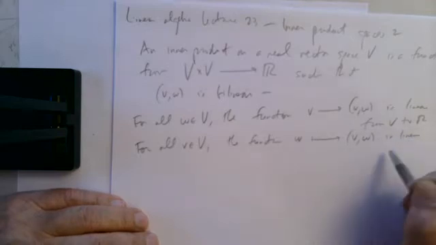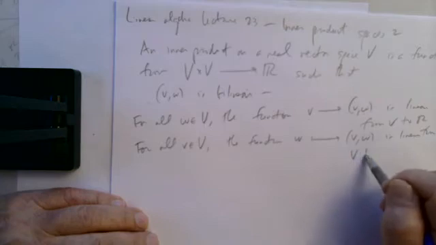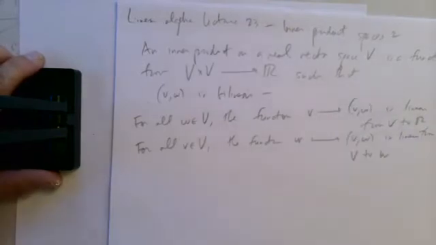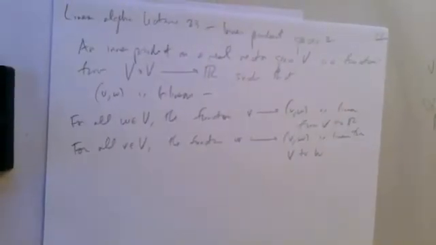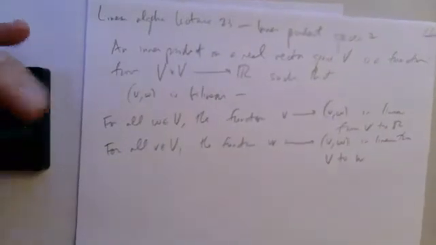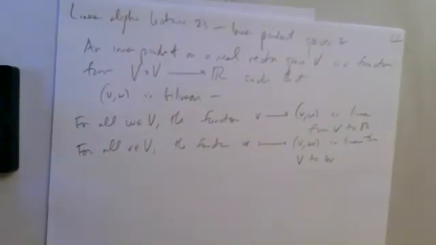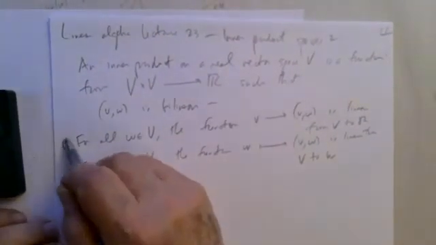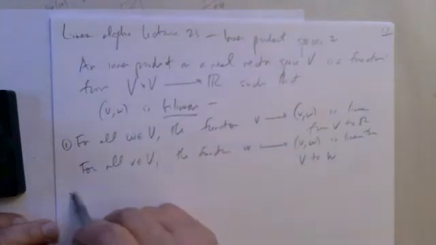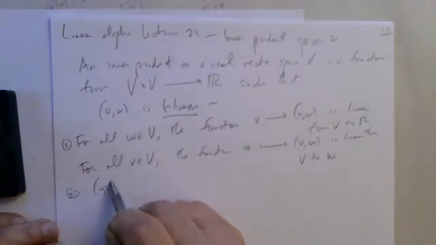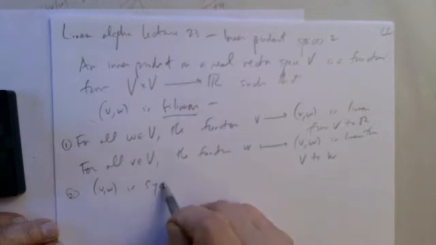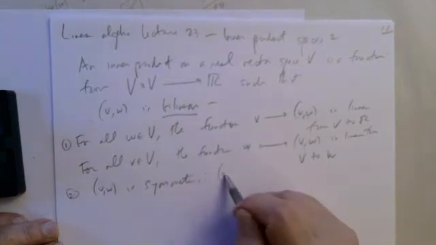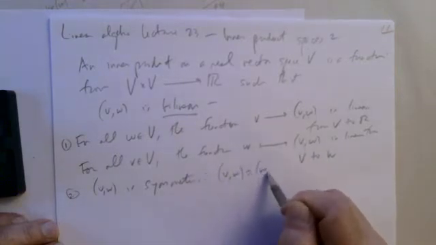This is also a linear function from V to R. So this is the definition of bilinear. Second, the inner product is symmetric. That means that for any vectors V and W, V comma W is the same as W comma V.